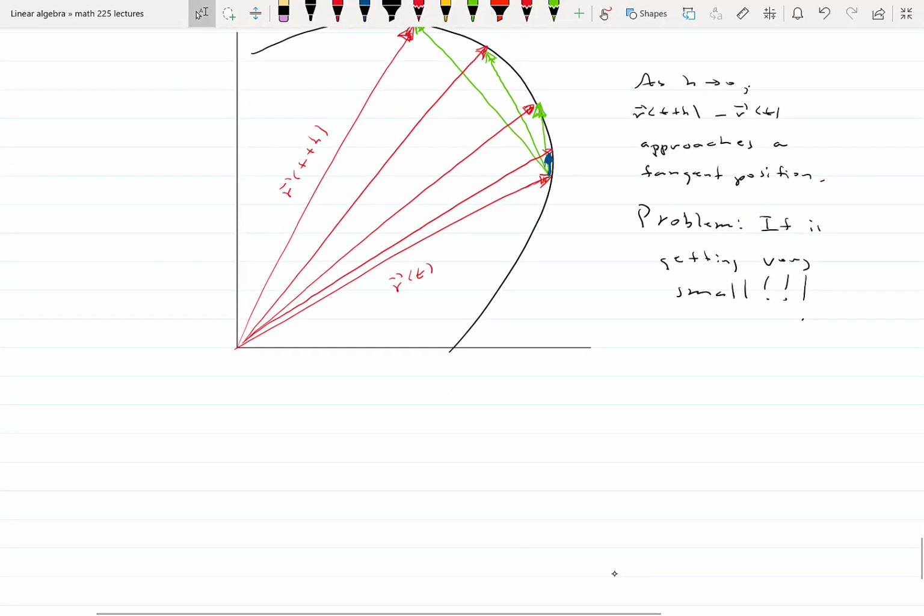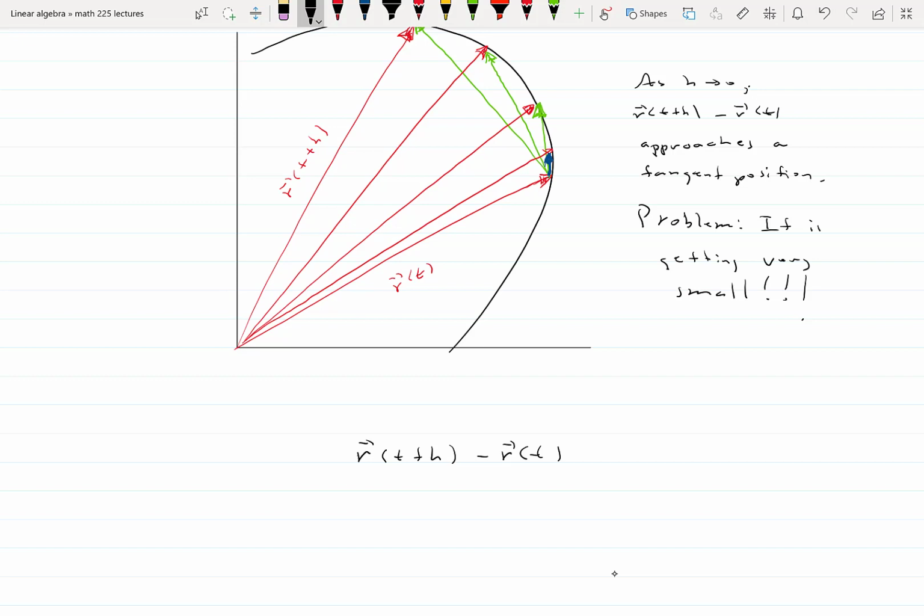Okay, how could I take those little green vectors, and ultimately that little blue one that I fit in there, how could I retain their tangent approaching position, that is, I keep the direction of r of t plus h minus r of t. It's becoming more and more tangent. But I don't let them shrink to 0.